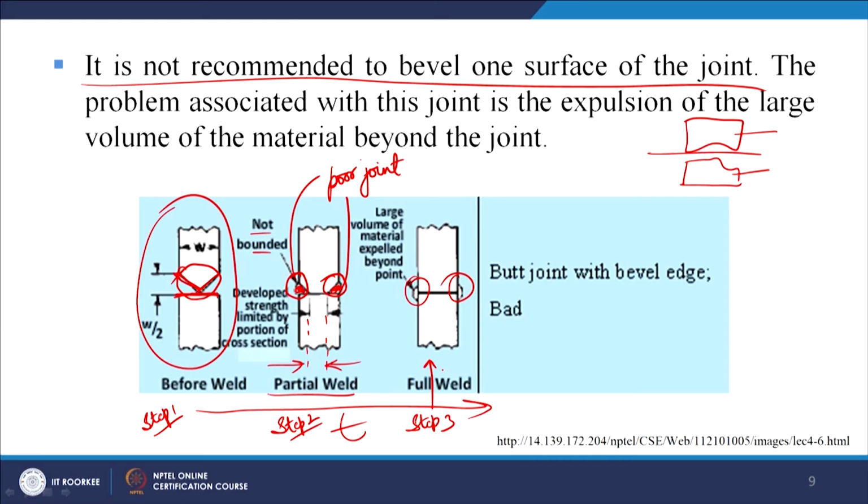So the butt joint with bevel edge is not a good design, it is a poor design. So we must avoid a bevel type of surface when we plan to join two surfaces, one being flat, another being bevel. We will not be able to get a good joint strength even after adopting the ultrasonic welding technique.